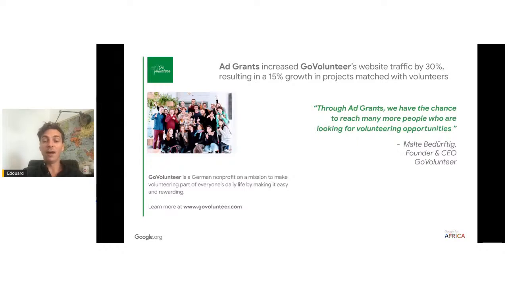And now they've been able to connect 250,000 unique users to 3,000 volunteers. It was born as a small project and has now reached a scalable size thanks to ad grants and other solutions it's been using.